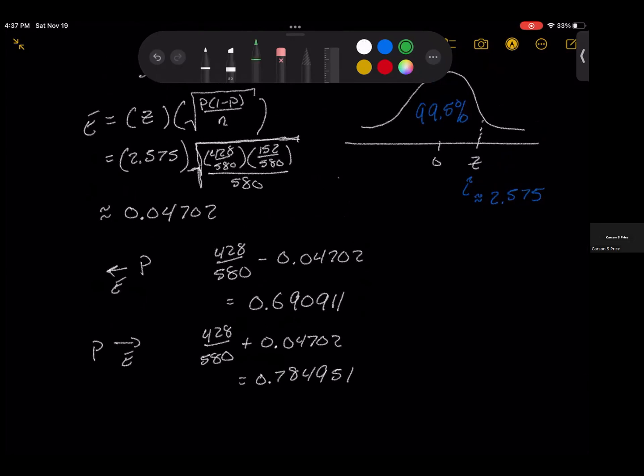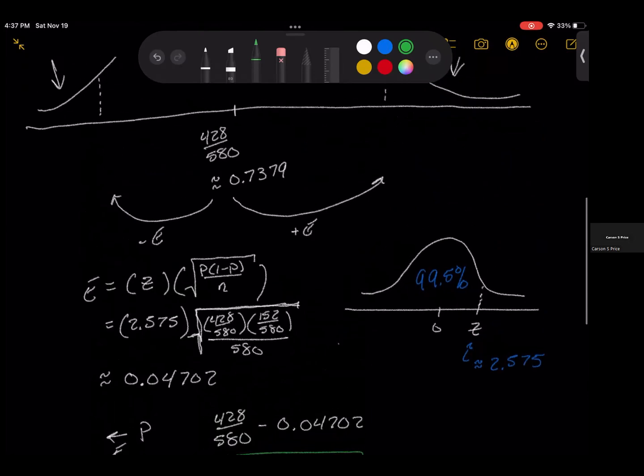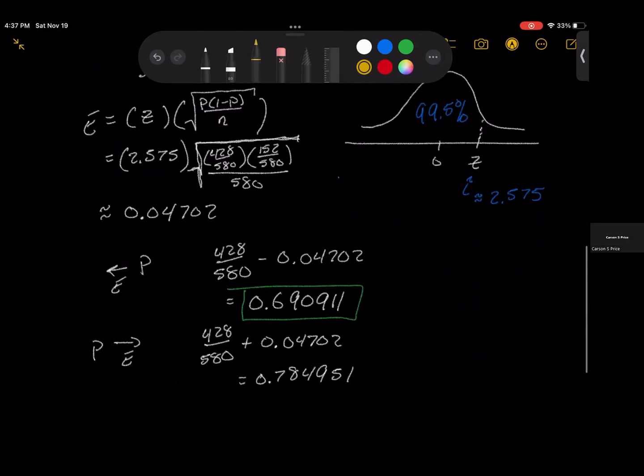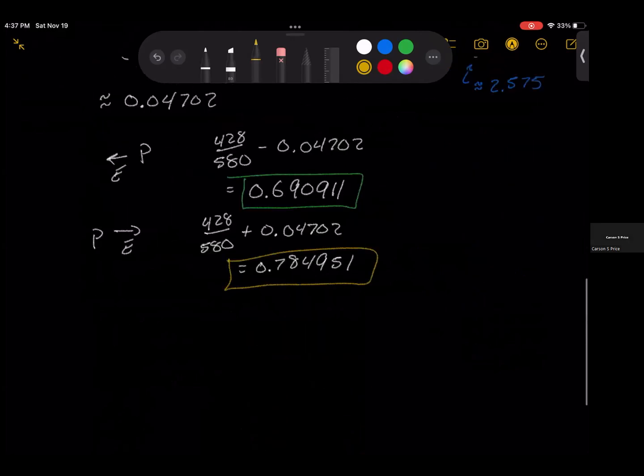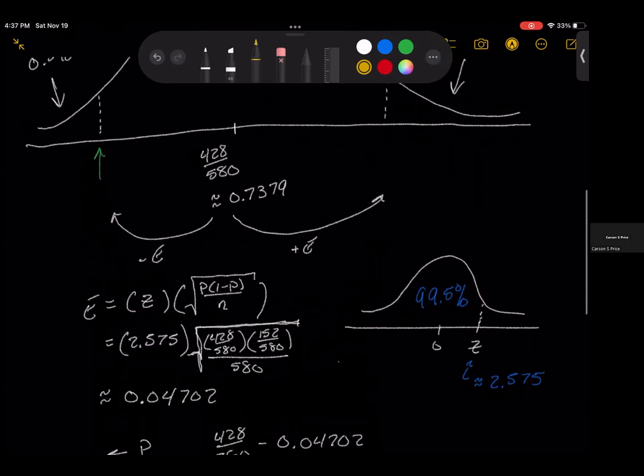All right. So that left endpoint, that's going to go right there. This right endpoint goes right there.